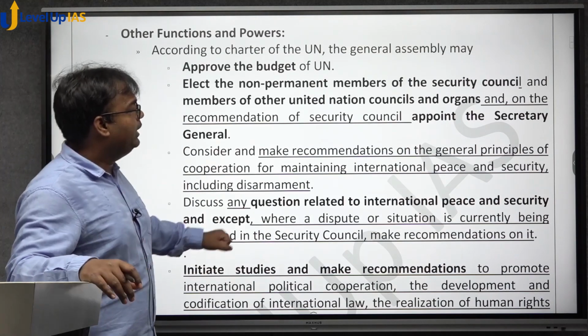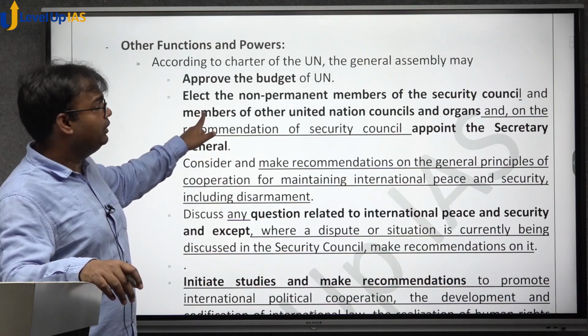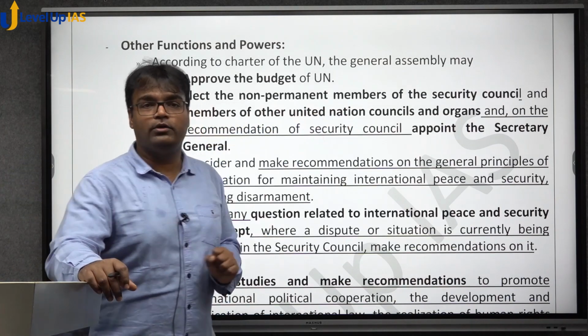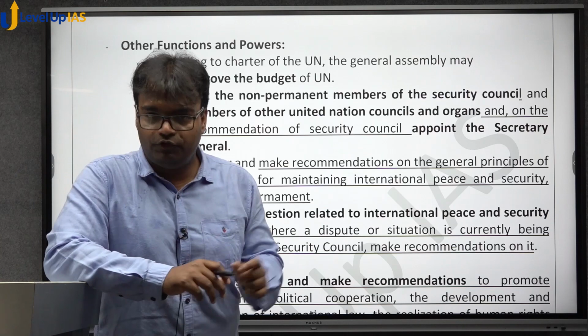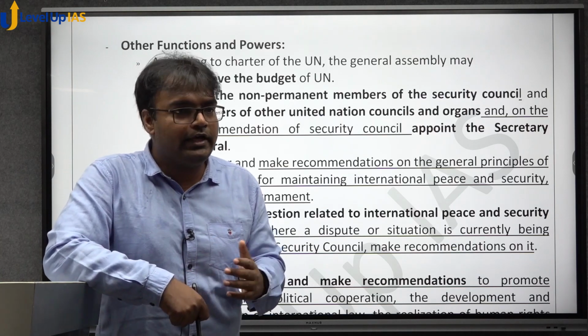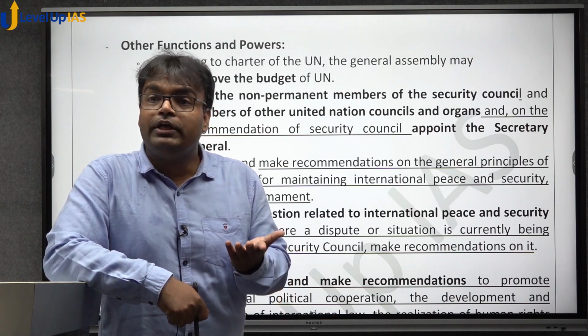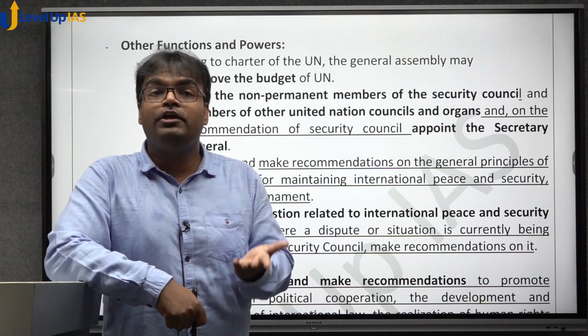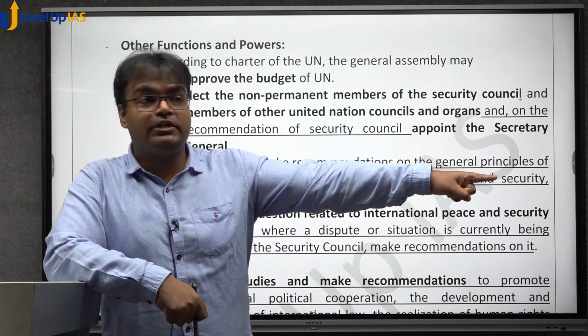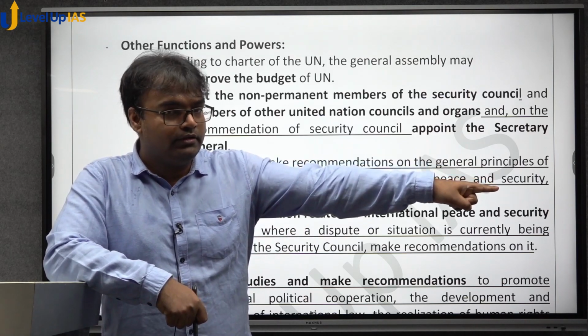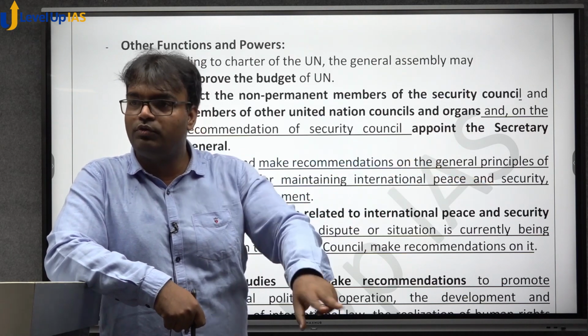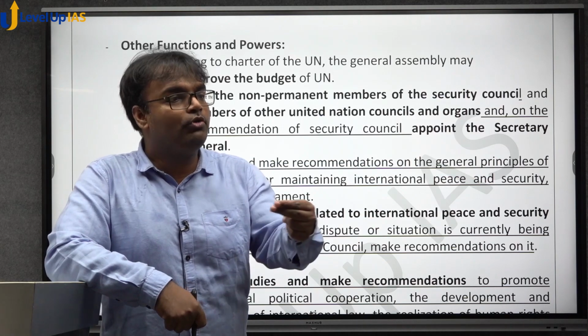For example, it elects the non-permanent members of the Security Council. Recently, from January this year, India is a non-permanent member of UNSC. India was elected by the United Nations General Assembly way back in June 2020. For 2 years, that is 2021, 2022, you will be a member of UNSC.